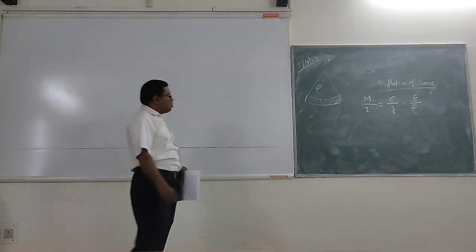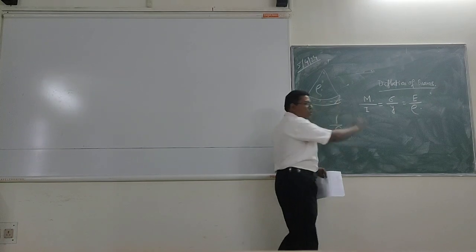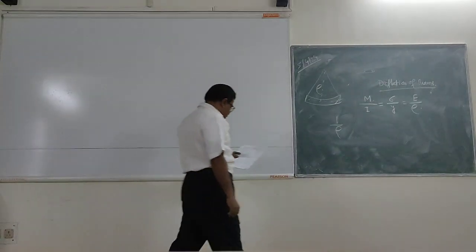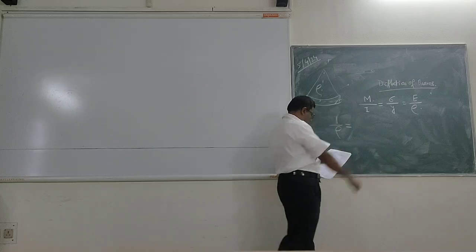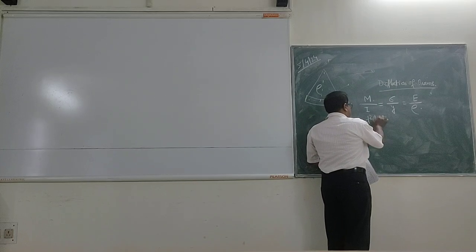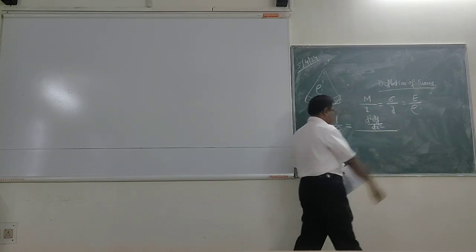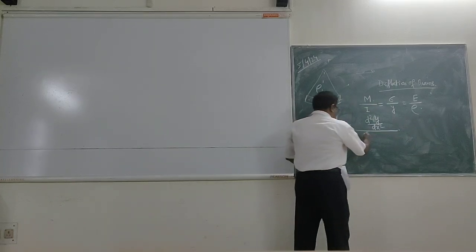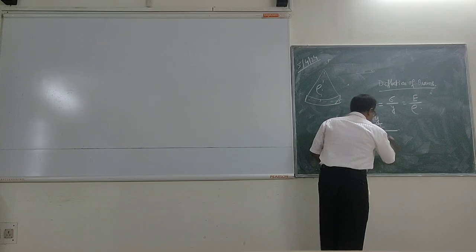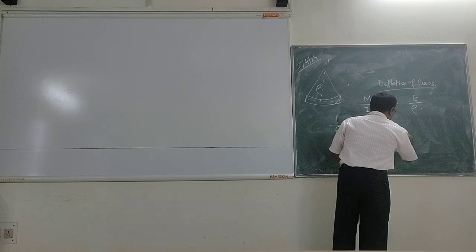How will it come? If you remember from mathematics, the curvature 1 by rho of a beam is given by a formula: d2y by dx2 divided by (1 plus (dy by dx) whole square) to the power 3 by 2.